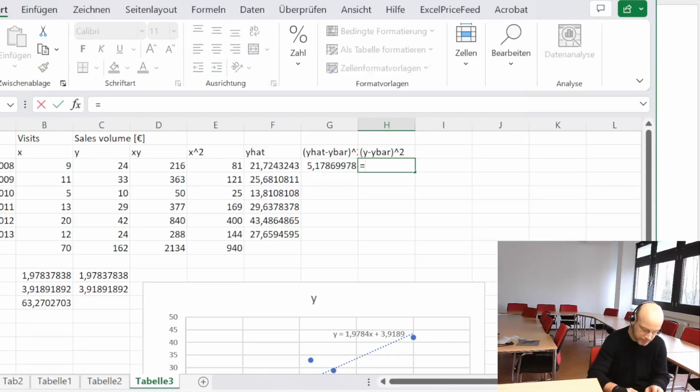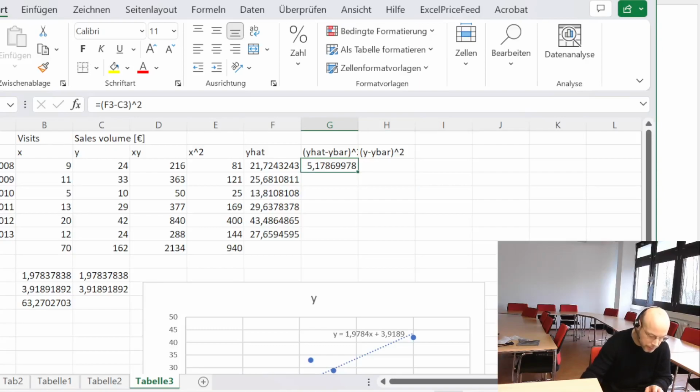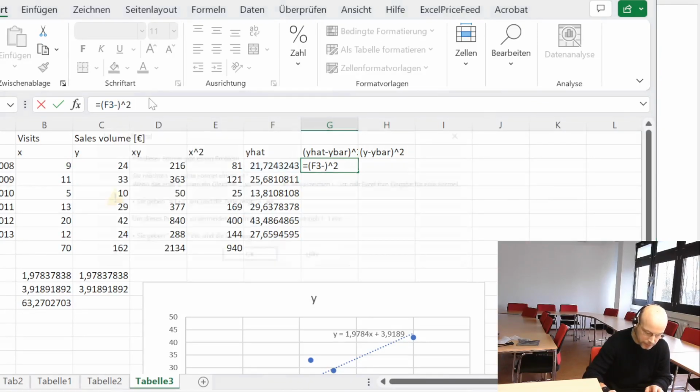And we want to have the two data points, so just y minus y bar, and this would be 24 minus, oops, where do we have y bar? Sorry, here I also need y bar.